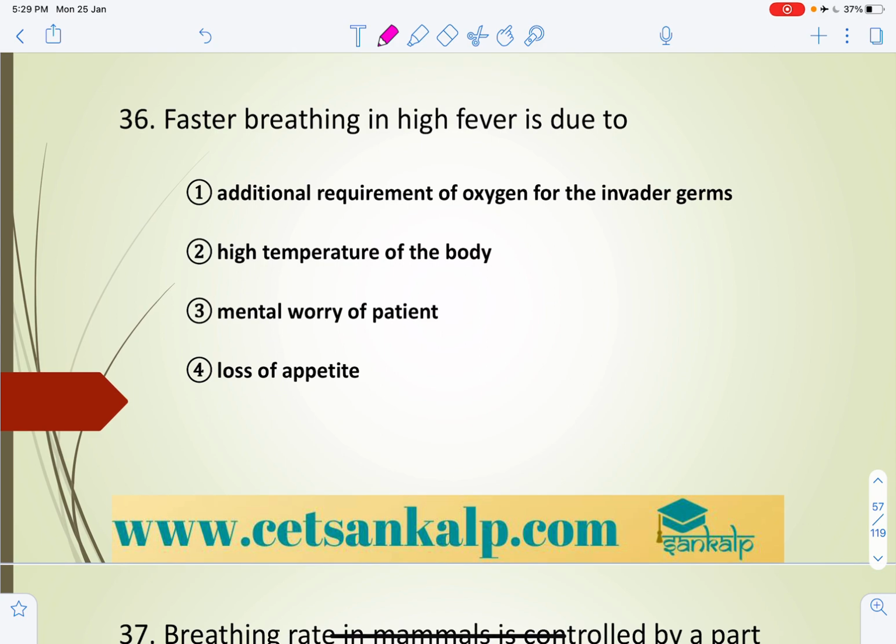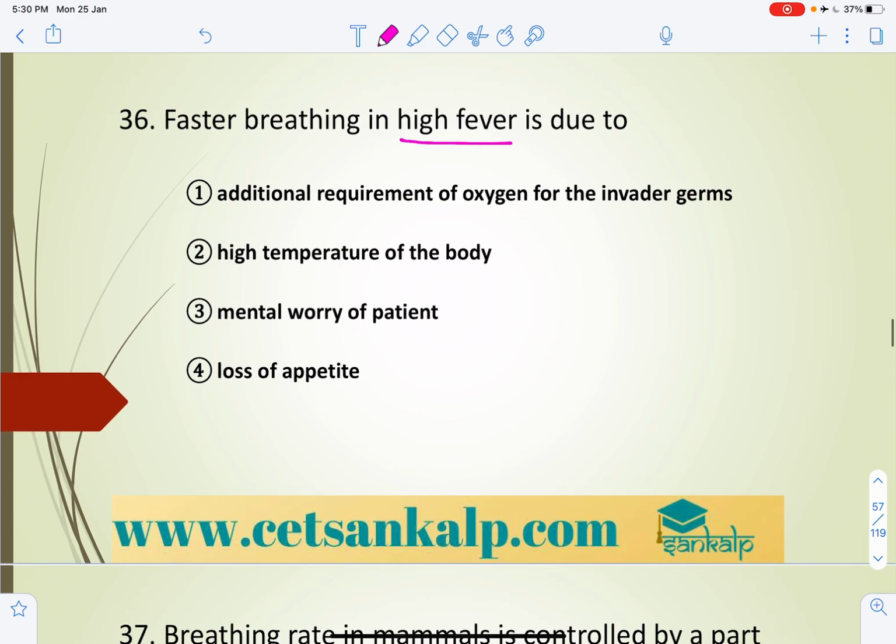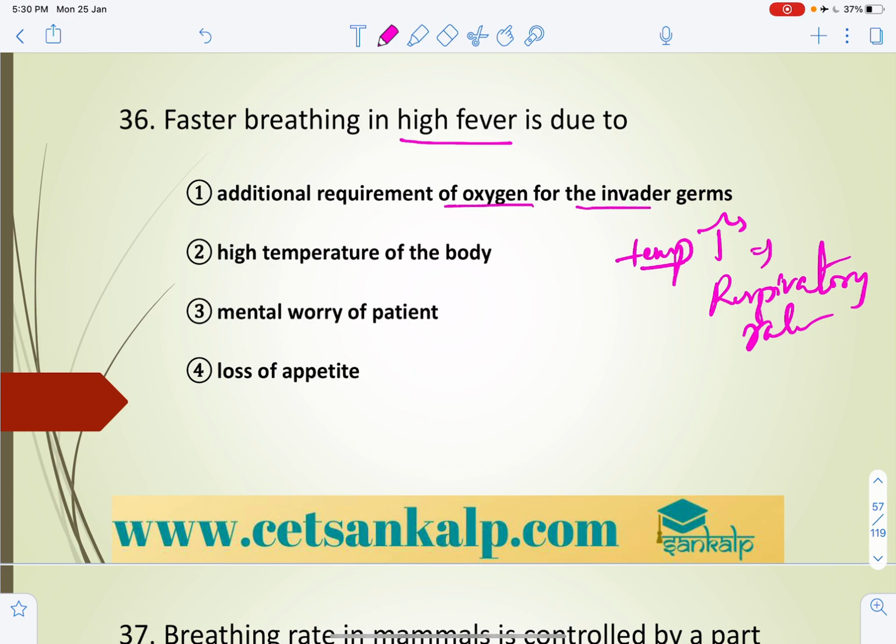Faster breathing in high fever is due to, keep it in mind, when the temperature increases, the respiratory rate increases. Additional requirement of oxygen for the invader germs, the infectious or causative agent?